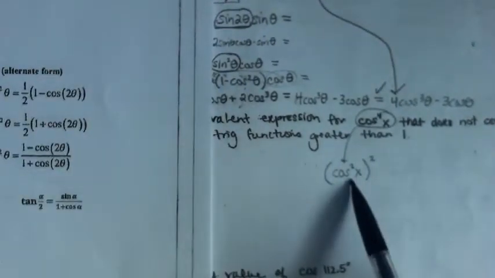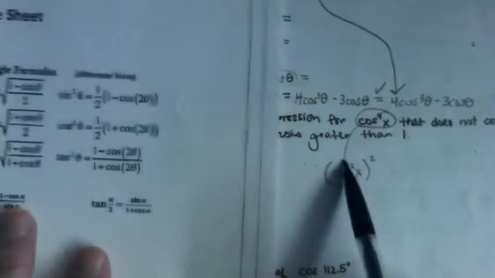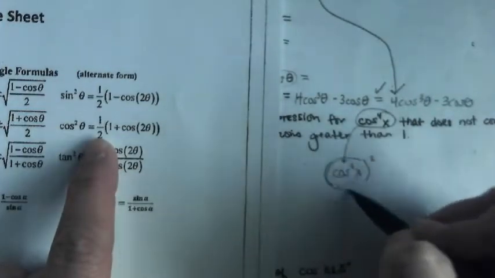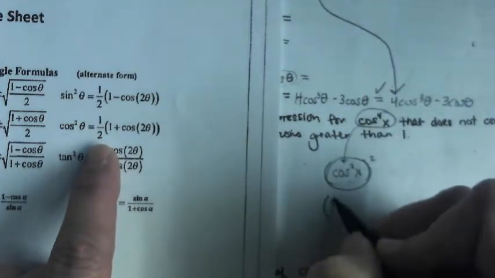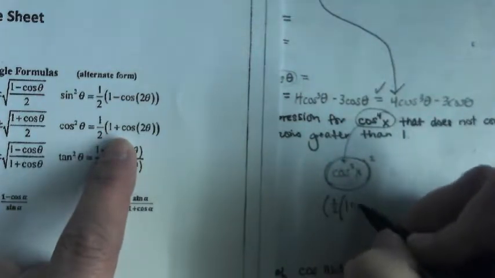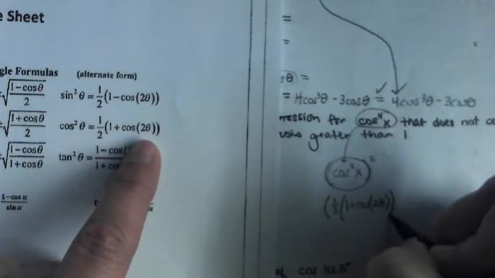And then I'll get rid of my cosine squared using this power reducing formula. So just the innermost squared first. So that's going to become 1/2, taking it right off my formula sheet, 1 plus the cosine of 2 theta.